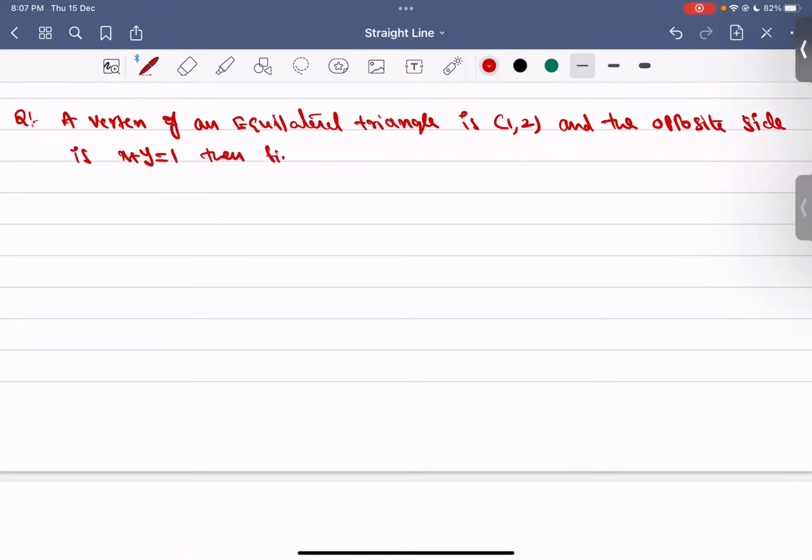Then find the equations of the other sides. So this is the question.